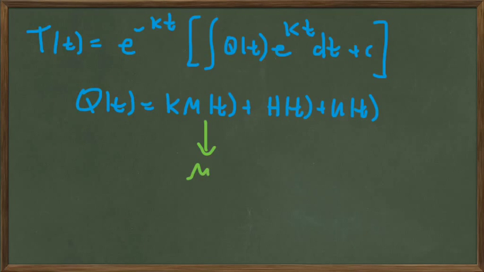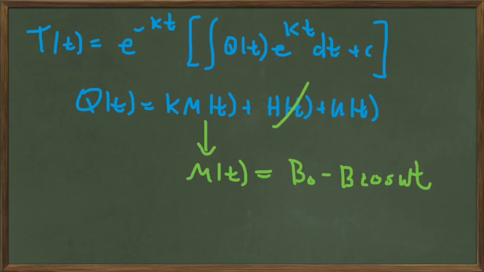We're going to assume that m of t is a sine wave and that it looks like this: B0 minus b cosine omega t. We'll put up a graph of that in a minute, and that both the heating rate and the cooling rate are 0.